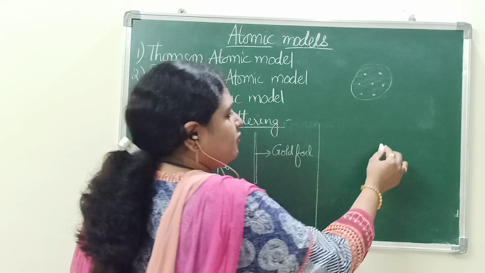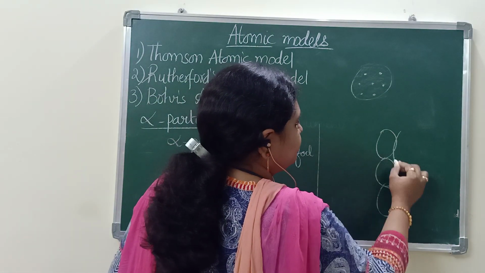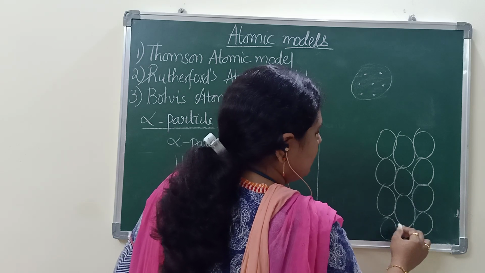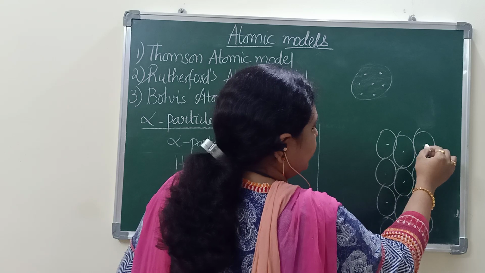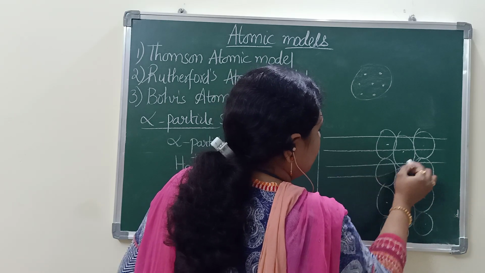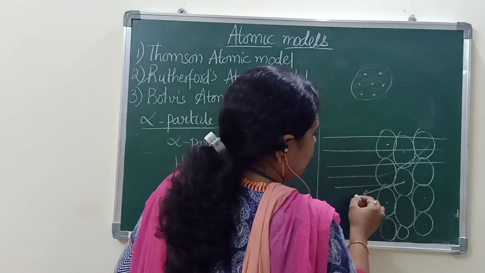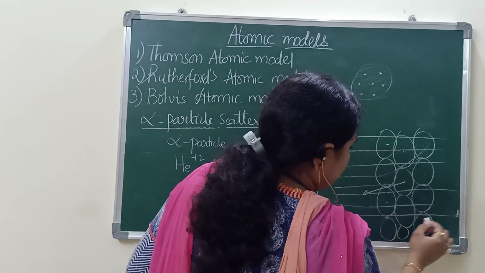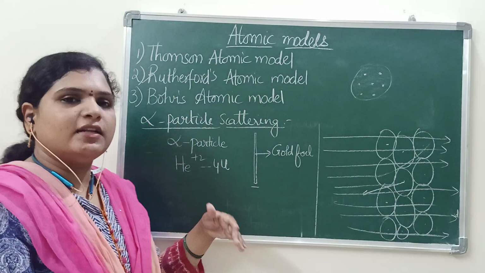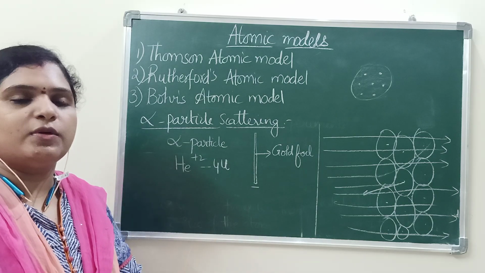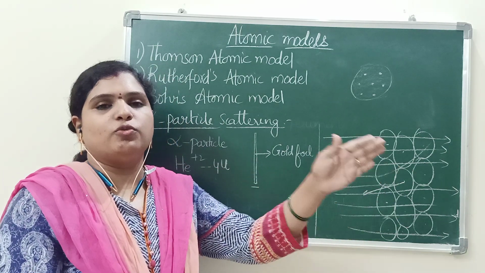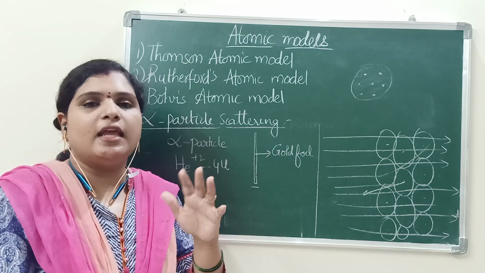For example, if these are the atoms of gold, what he observed in his experiments was that most of the alpha rays passed through without any deflection.